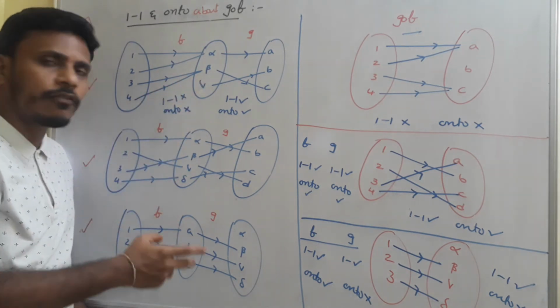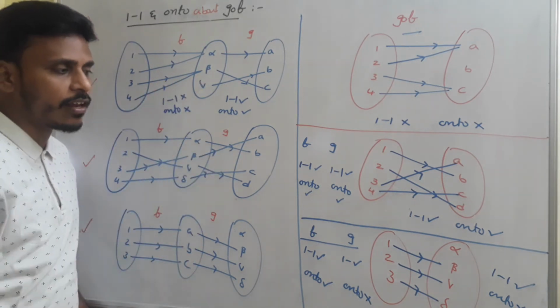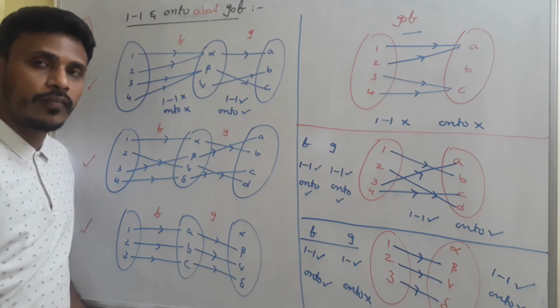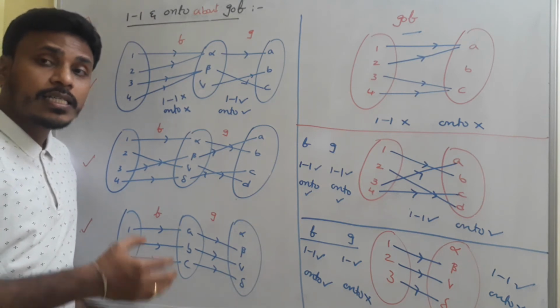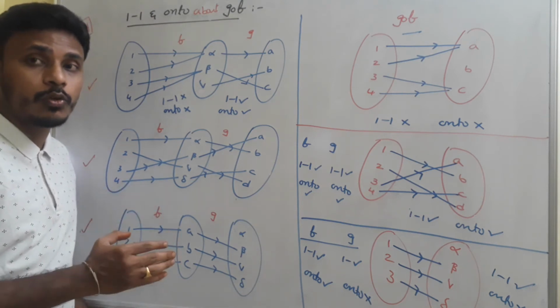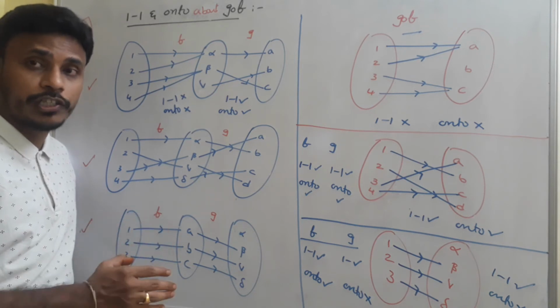If any one of them fails, automatically G circle F also fails to be 1-1 and onto. And we know that if a function is both 1-1 and onto, we call it a bijective function, right?